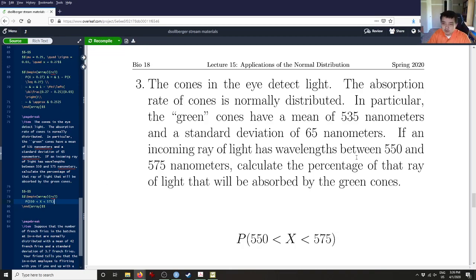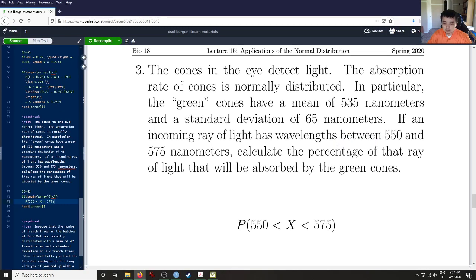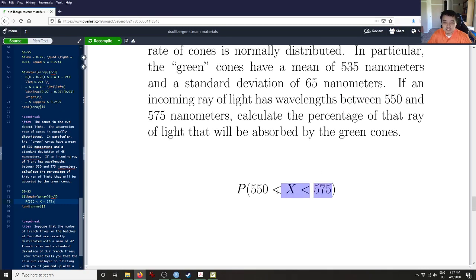So the signal word this time around, instead of saying less than or greater than, is between. Whatever we're examining is in between 550 and 575. So you could see that's how I wrote the inequality down here. Our unknown is in between 550 and 575.